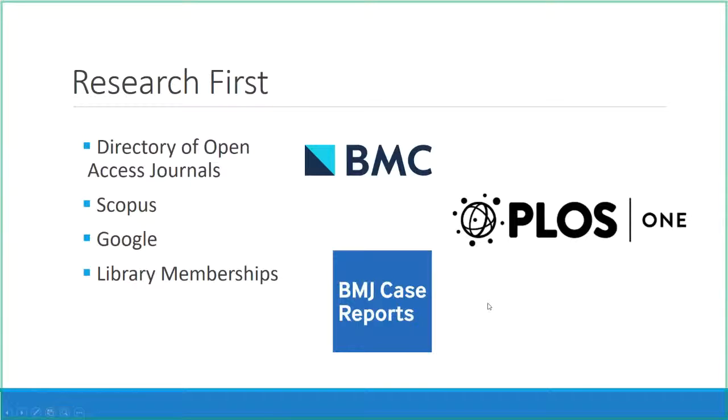Also, for BMJ Case Reports, contact PJ or Sky, or just email library@pcom.edu, and we'll tell you the process for that. For BMC and PLOS One, basically just submit as normal and use your PCOM email address, and then we'll get the notification.